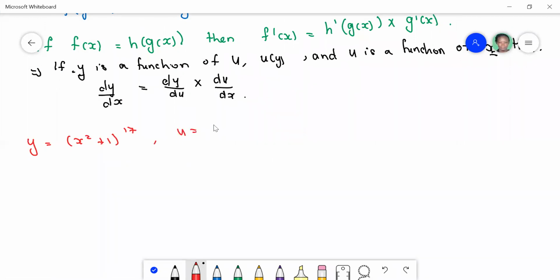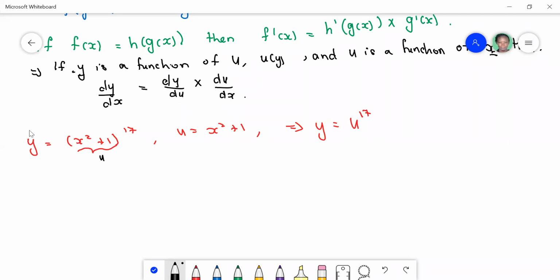Then u is equal to x squared plus 1. It means that y is equal to u to the power 17. That is what it means here, because this is u. This is u. So this is what I have.